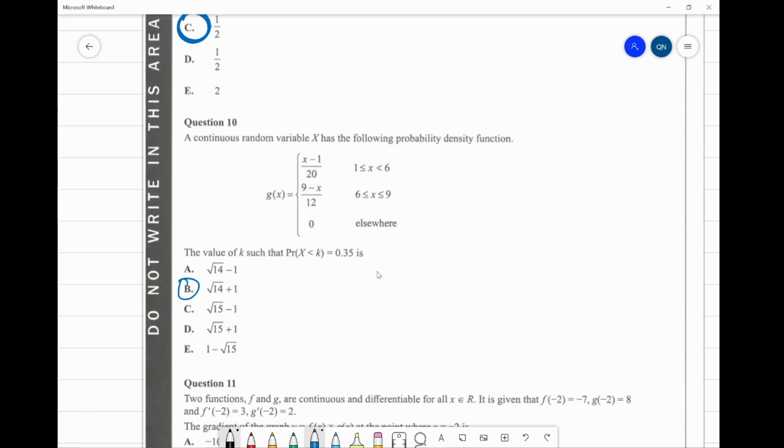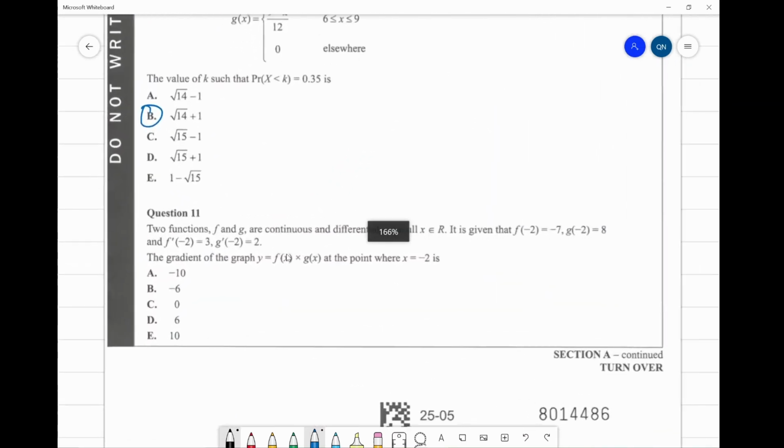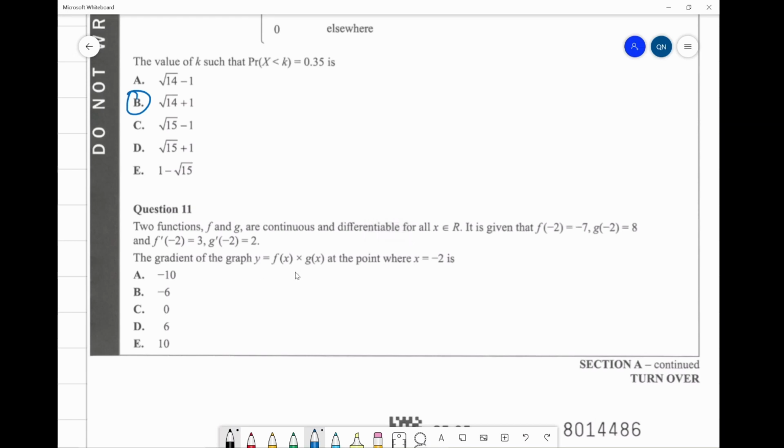Question 11, we have a bunch of functions and their derivatives. The gradient of the graph of y equals this function at x equals -2 is, so, well, what's dy/dx at x equals -2?